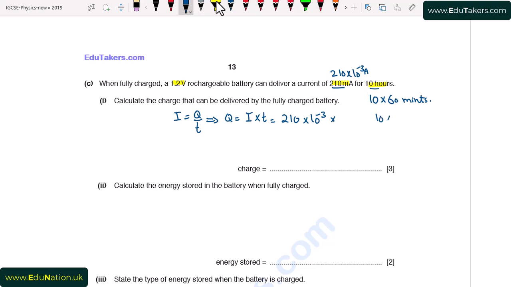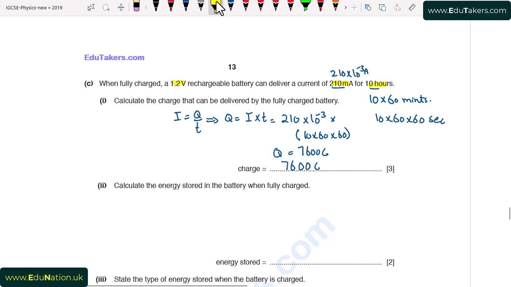So 10 hours is equal to 10 multiplied by 60 multiplied by 60 seconds. Multiplying this value, the charge comes to be 7600 coulombs. I write here 7600 coulomb.